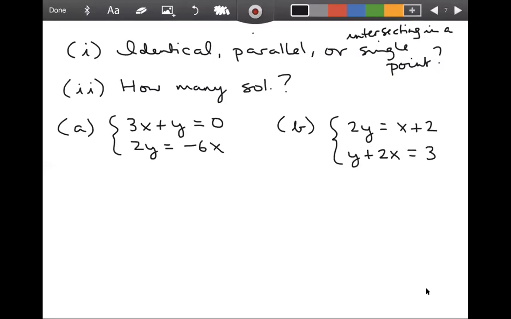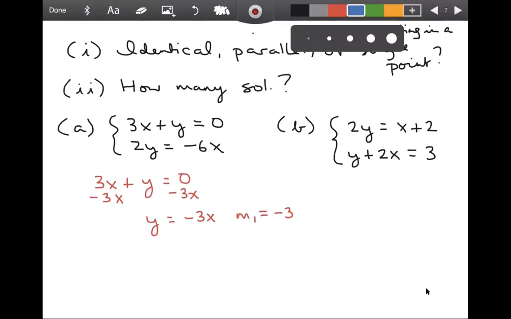Okay, so in letter A, 3x plus y equals 0. If I write that in slope-intercept form, I get y equals negative 3x. So the slope is negative 3. I'm going to call that M1 for first slope.